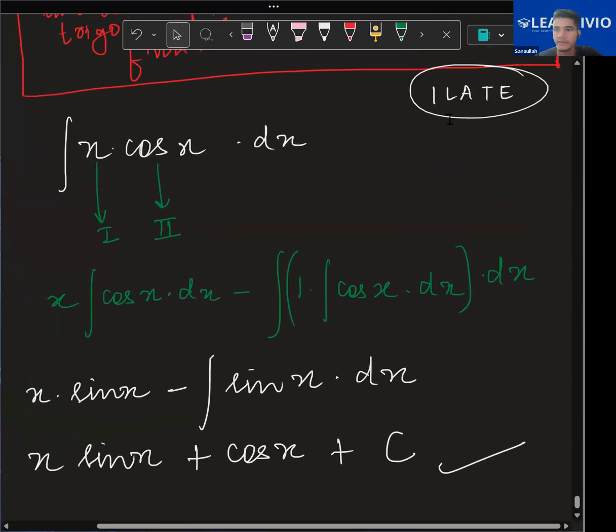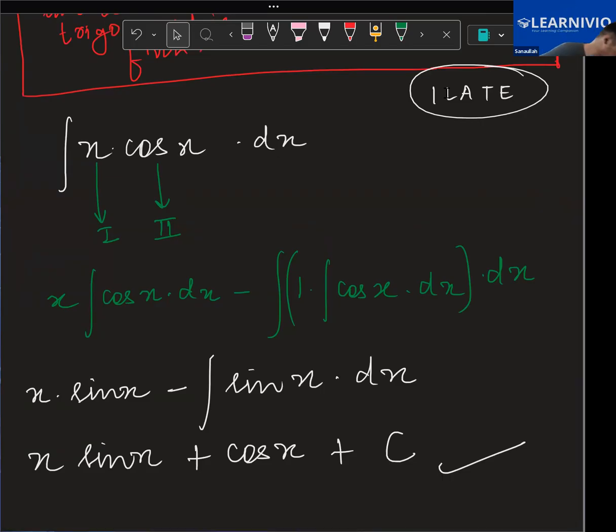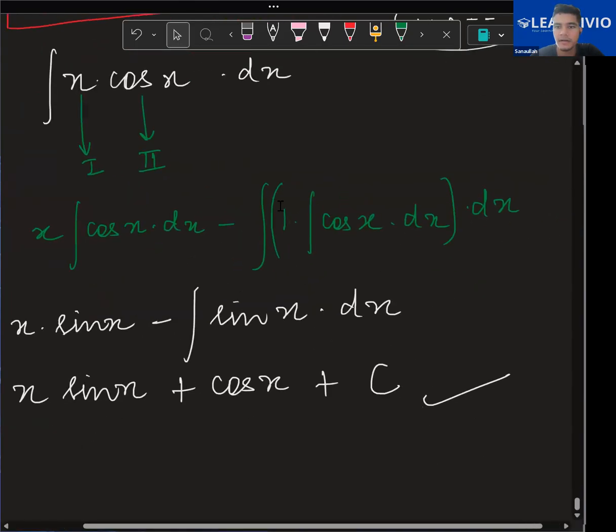So that's why we have this eyelet rule where we can decide what will be our first function and what will be our second function, and then we can solve accordingly. Is it okay?